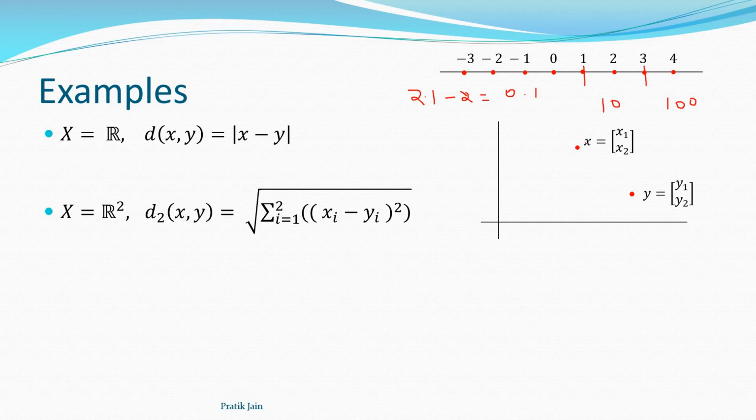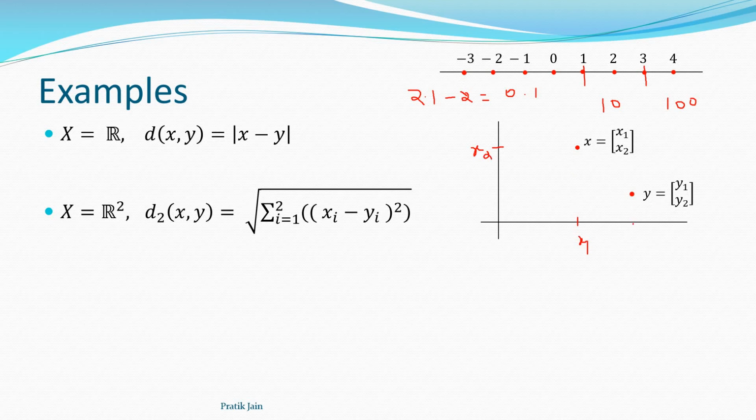Here you can see x has x1, x2, the x coordinate and the y coordinate, and y has y1, y2. Just to make it clear, over here this is x1 and this is x2, that is how I have numbered these things.